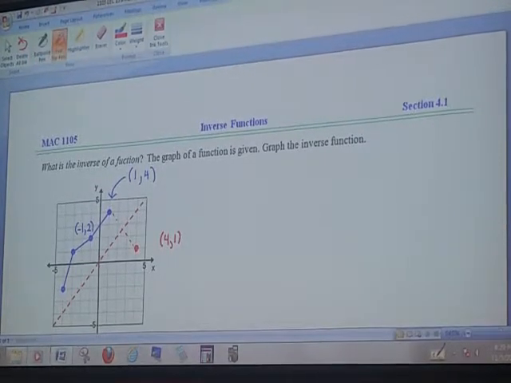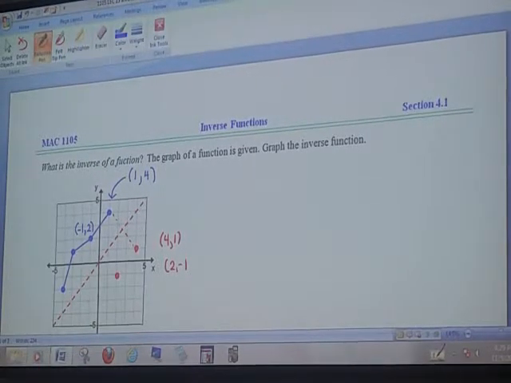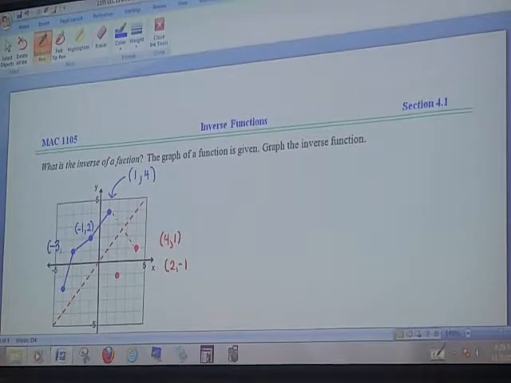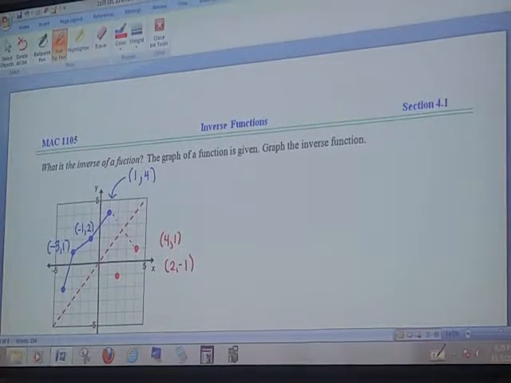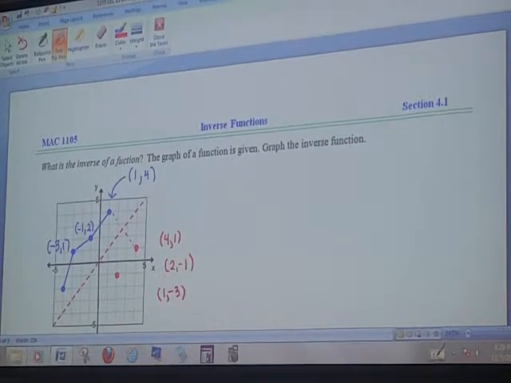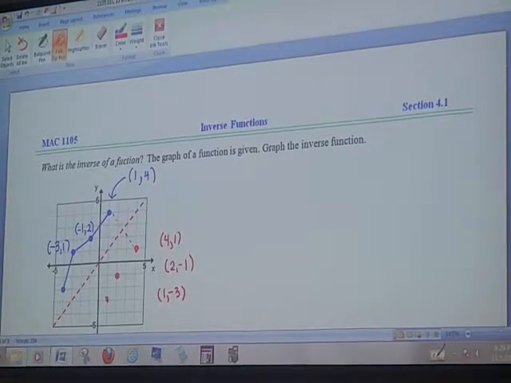So the one over there that would match it would reverse the x and y coordinates, and it would be (2, -1). The one over here is (-3, 1). So the reverse version over on this side would be (1, -3). So I would go 1, 2, 3.